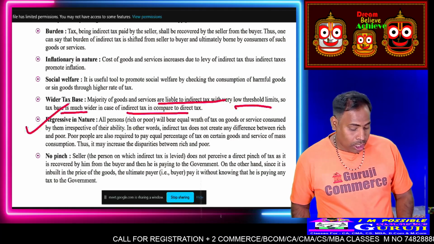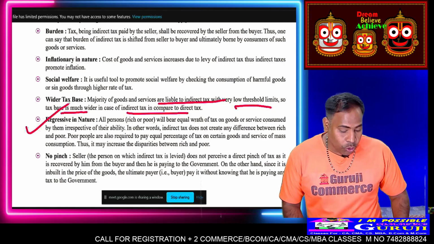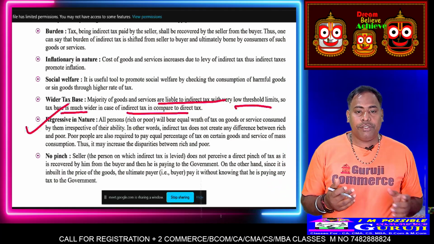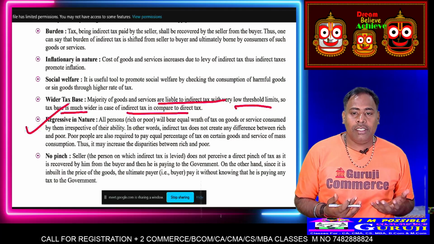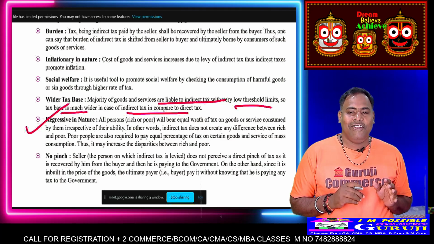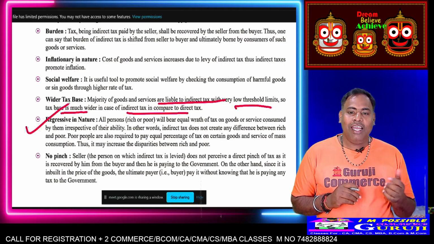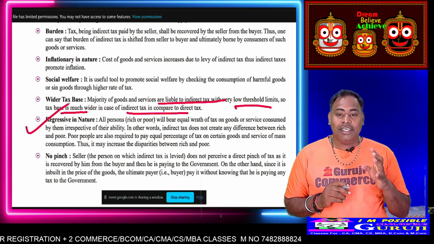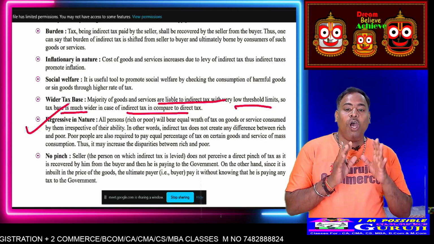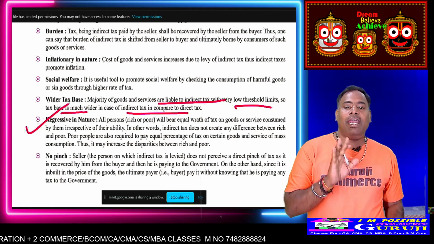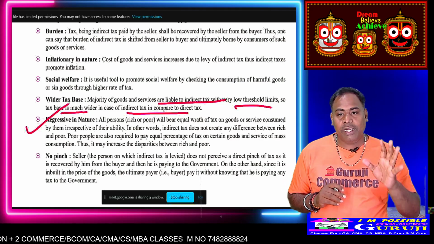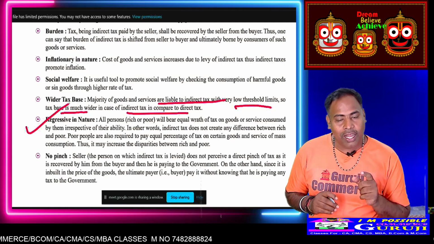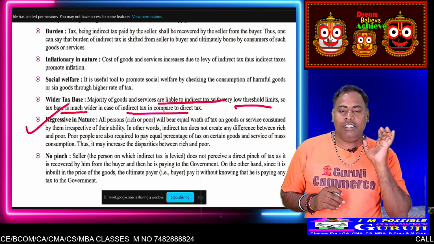Then, regressive in nature, as you told. The person who is richer pays more tax, and the person who is poorer pays less tax, in income tax. Whereas in GST, all people pay the same tax. Even if Mukesh Ambani buys a soap with GST at 18%, he will pay only 18% GST.